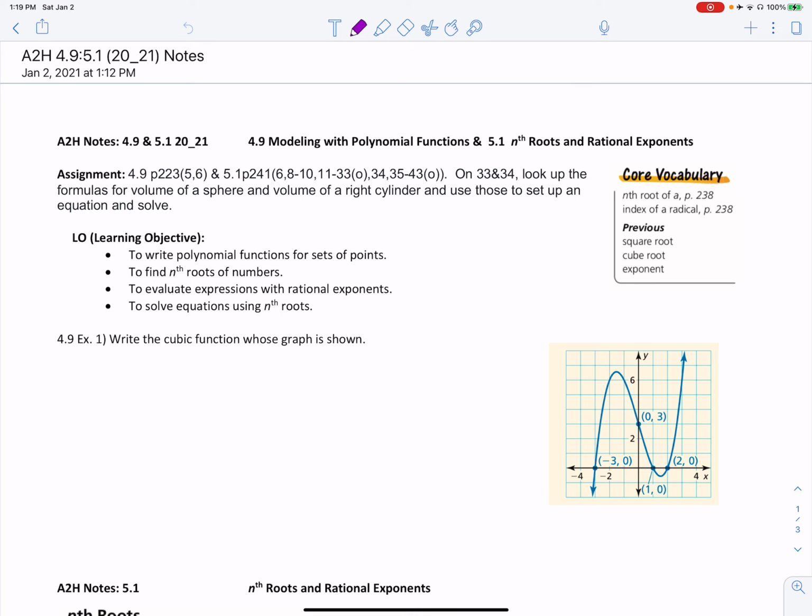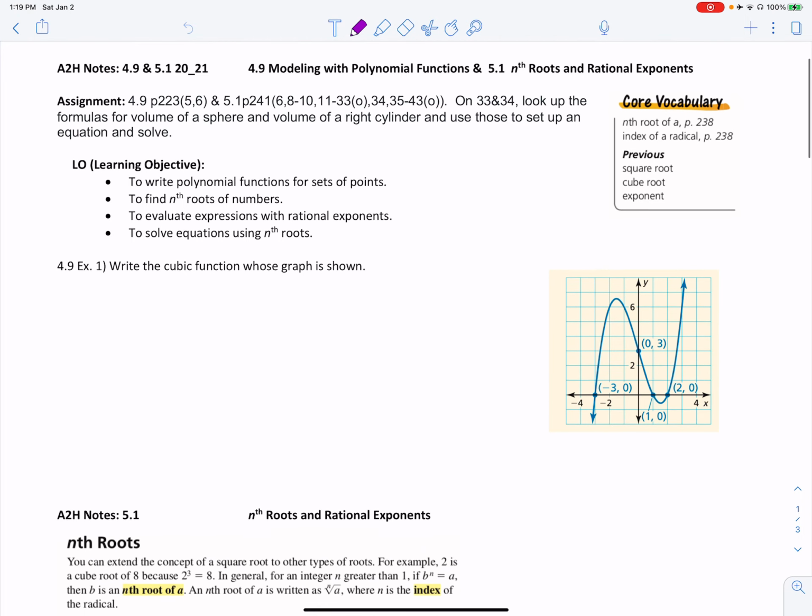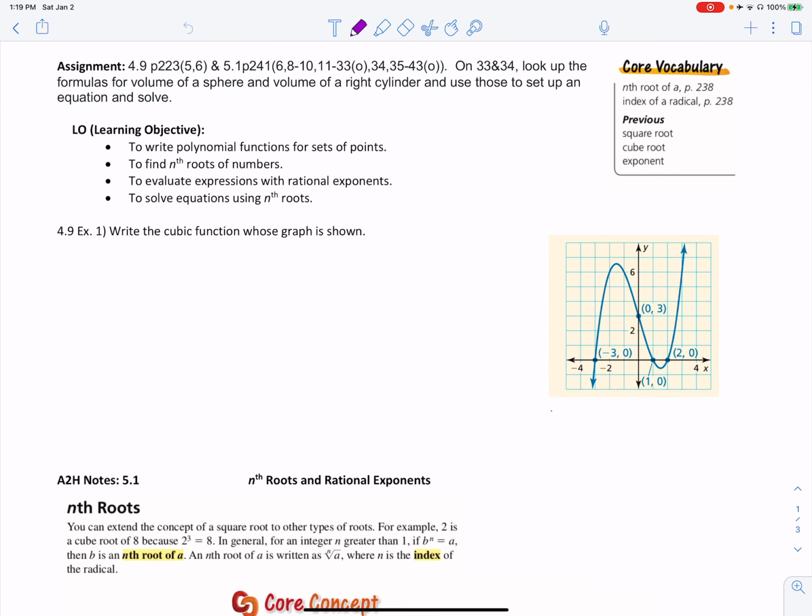In 4.9, this first example, what you're going to notice is what are the x-intercepts. They are at -3, at 1, and at 2. That means that the factors are x plus 3, x minus 1, and x minus 2.